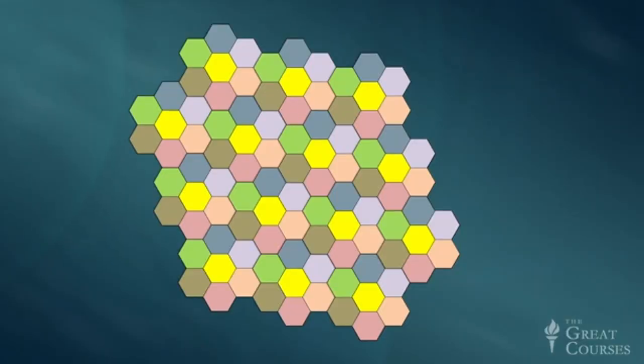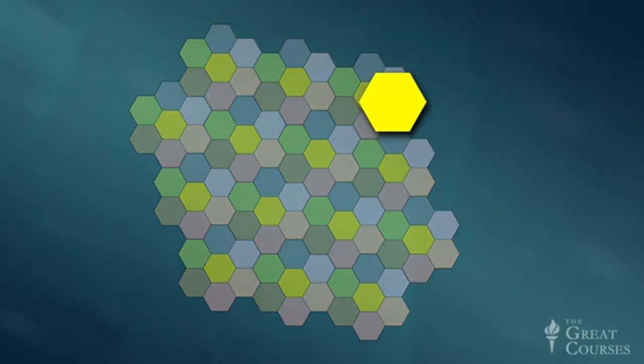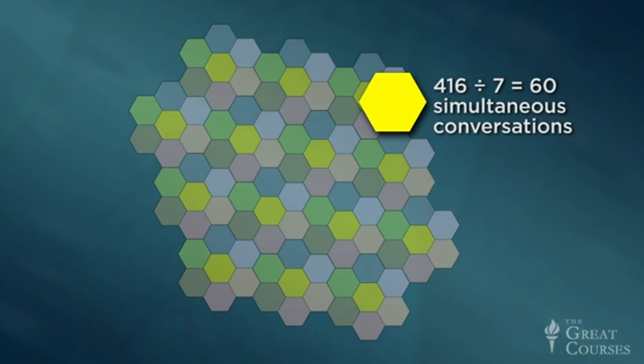With a cellular reuse pattern of 7, these channels had to be allocated equally among the 7 cells in each module. As a result, each of those 8-mile diameter cells in the 1G system could serve 416 divided by 7 equals 60 simultaneous conversations. Accommodating 60 phones within an 8-mile diameter was a revolutionary capability back in the 1980s.